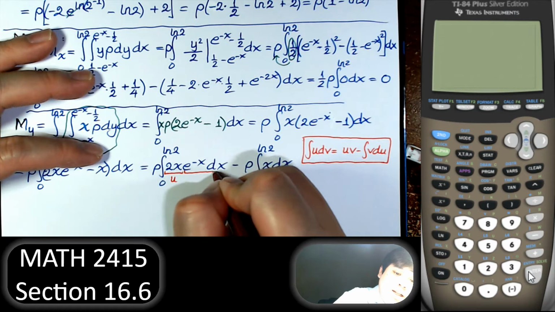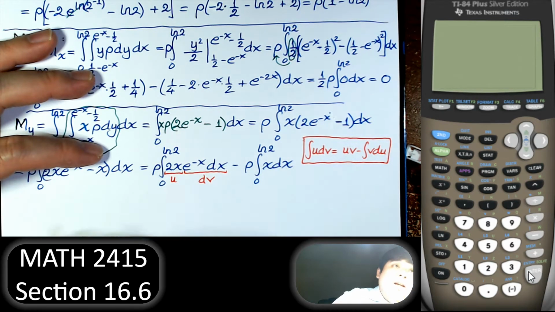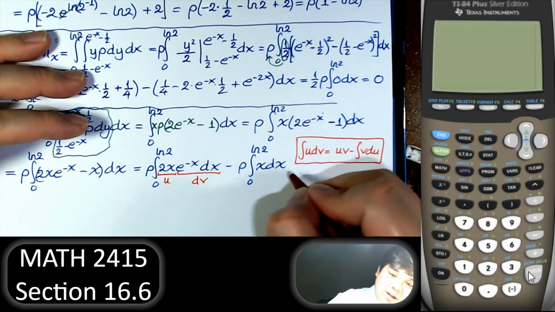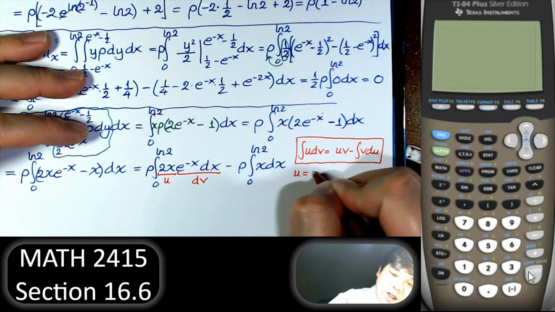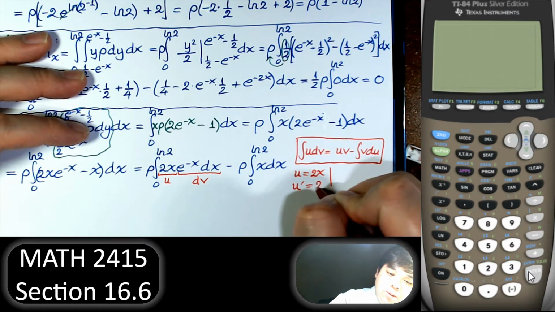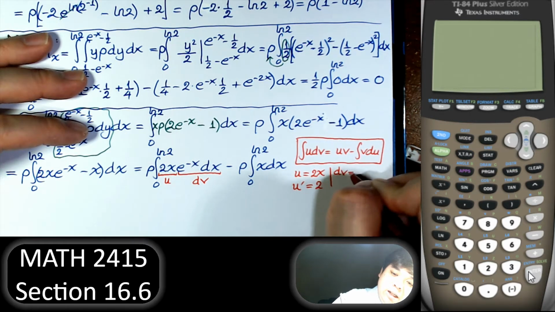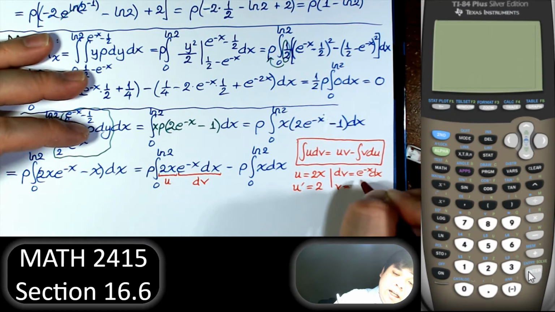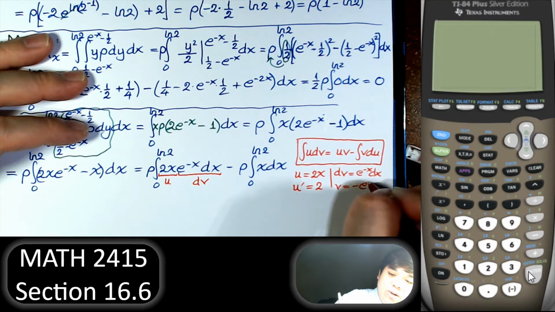And then this is dv, because the integral of that is doable. So scratch work here. u is 2x, u prime is 2, dv is e to negative x dx, v, the integral of that, is negative e to negative x.